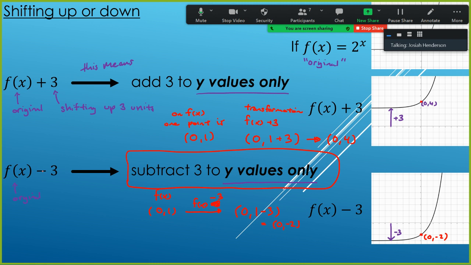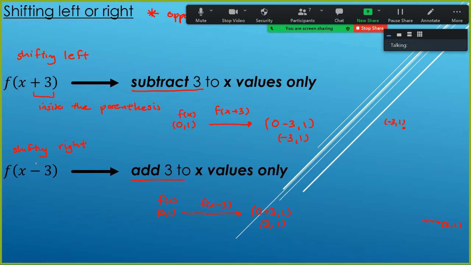So outside the f of x, like outside the parentheses, that's our clue, it's up or down. And then our left, right, the change is inside the parentheses. That's what's different about these. So just keep that in mind. Outside the parentheses means vertical, up or down. Inside the parentheses means horizontal, left and right. And then also on top of that, inside the parentheses means opposite of what it looks like.